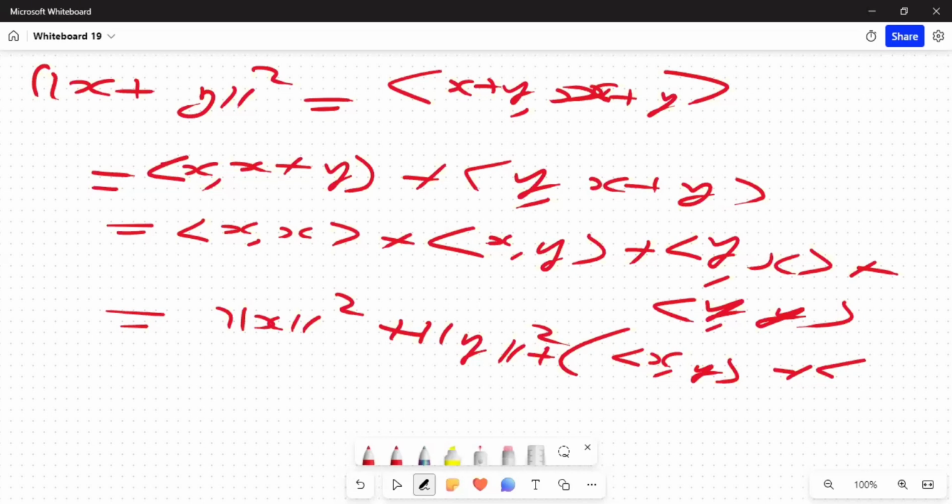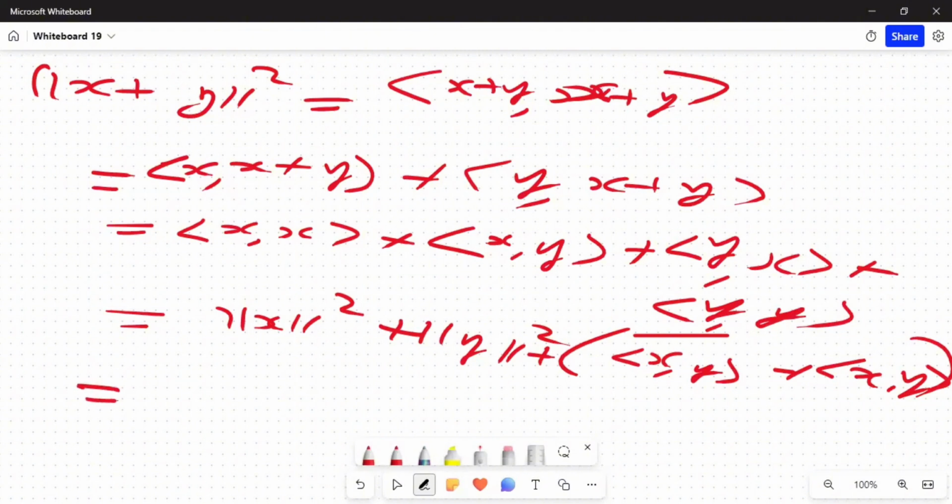To write y comma x as x comma y, it must be x comma y conjugate. I'm sure you know. Then plus this one, which is already x comma y. Do you understand what I did? This one is this, and for y comma x, I can write it as x comma y, but I have to put conjugates. Is it not? So that this and this will look alike.